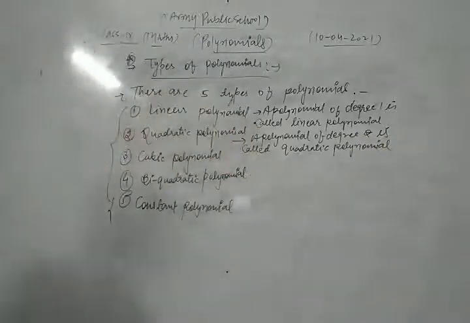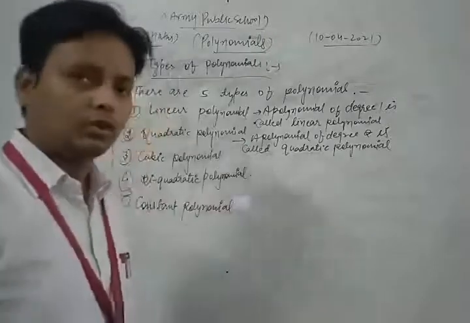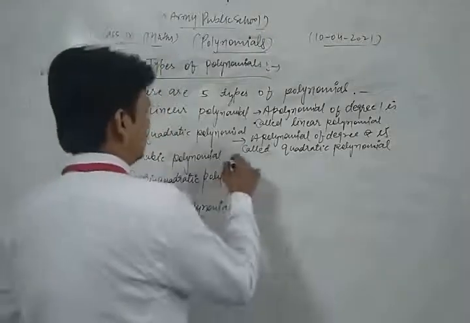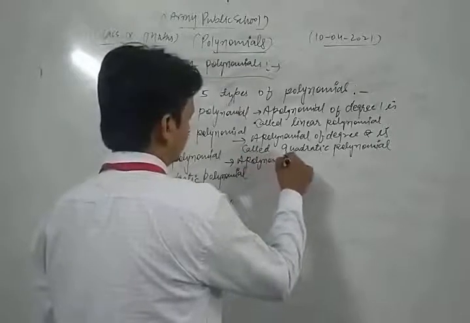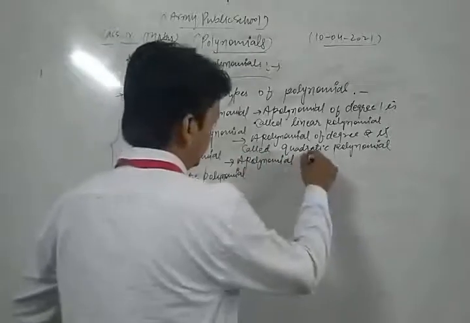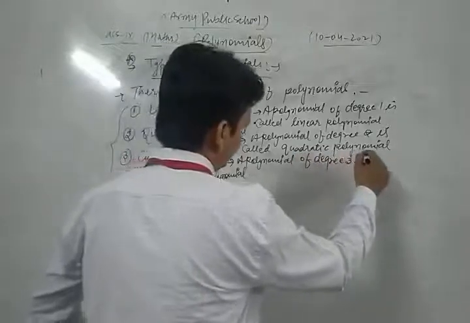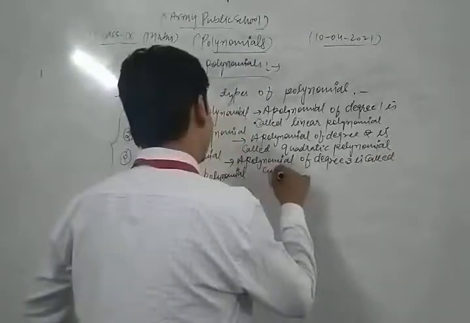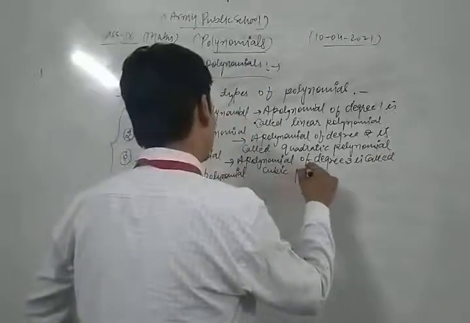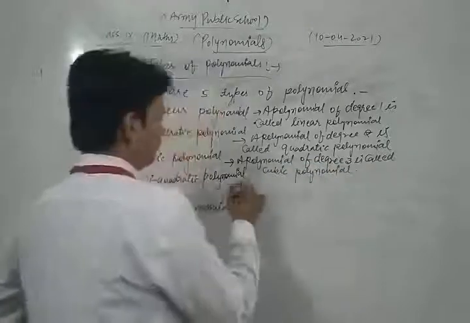A polynomial of degree 2 is called what? Quadratic polynomial. And the third one is what? A polynomial of degree 3 is called cubic polynomial.